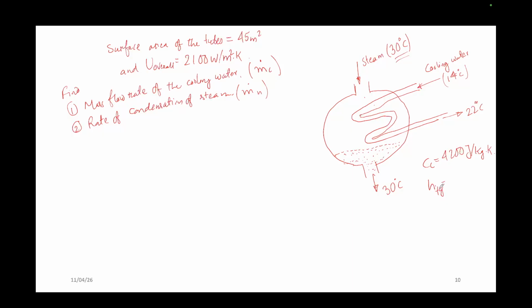The latent heat is 2450 kilojoules per kg. Up to this, is the question okay or not? Please let me know.